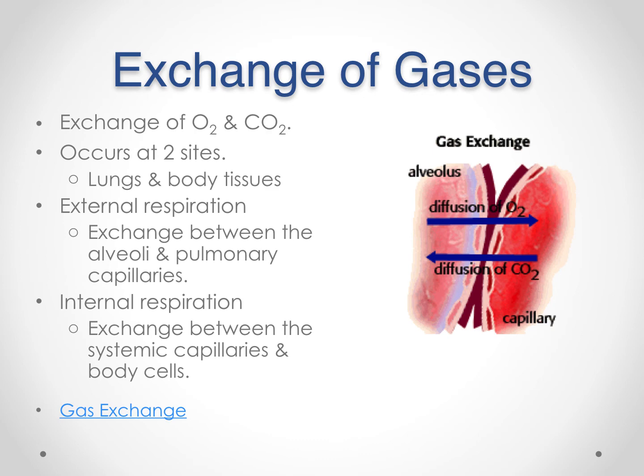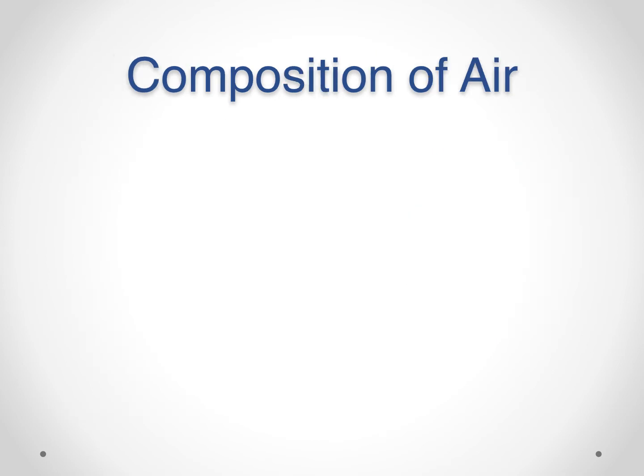So, gases, oxygen, carbon dioxide, unfortunately aren't the only thing present in the air around us. In fact, inhaled air consists of a multitude of things, about 78% nitrogen, about 21% oxygen, and about 0.04% carbon dioxide. Now, the body can't do anything with nitrogen in its gaseous form.